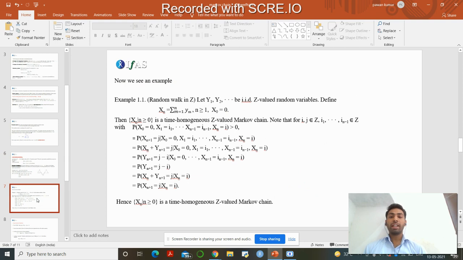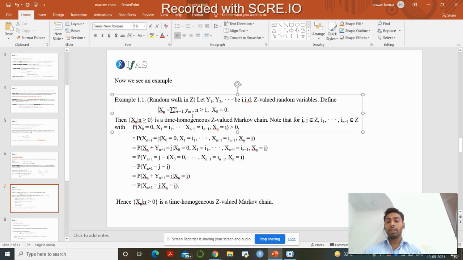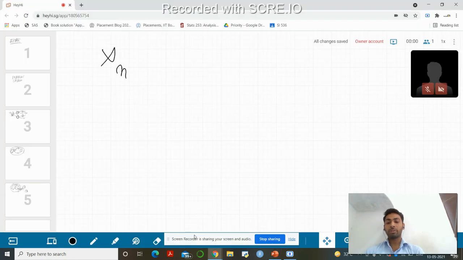Now we will define an example. This is a random walk S, which we will prove is a time homogeneous Markov chain. Let us define Xn as the summation of Ym from m equals 1 to n. What is this? We say that Xn is equal to Y1 plus Y2 plus Y3 and so on up to Yn.